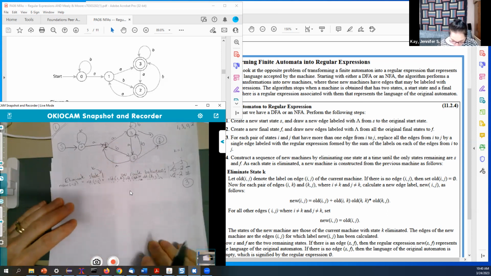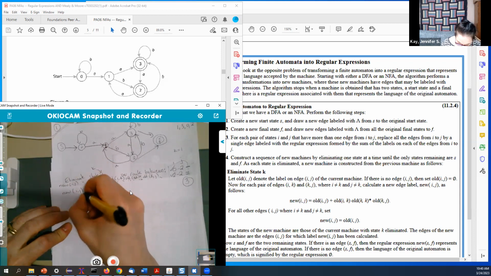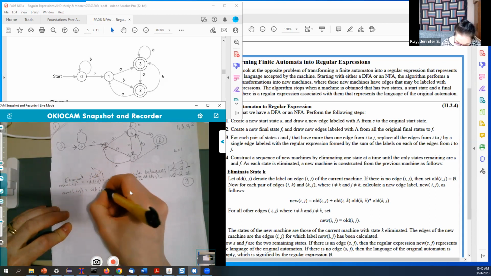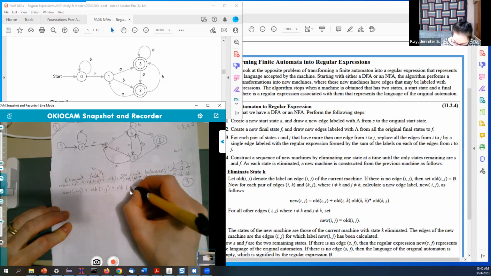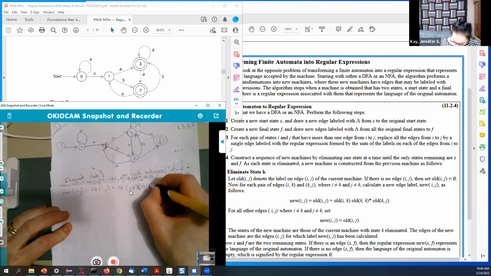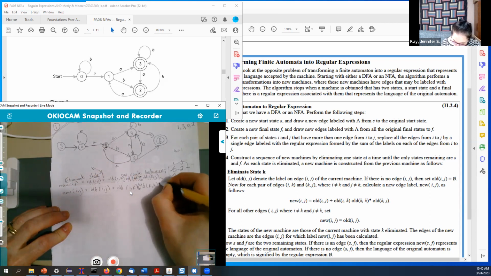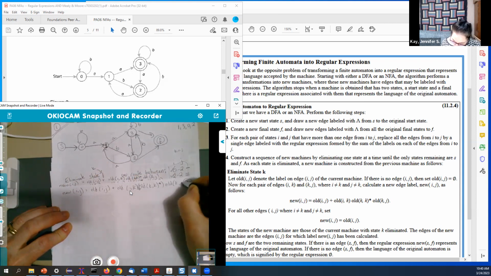So we say again, we write down the new ij equals the old ij plus the old i to k times the old k to k starred times the old k to j.